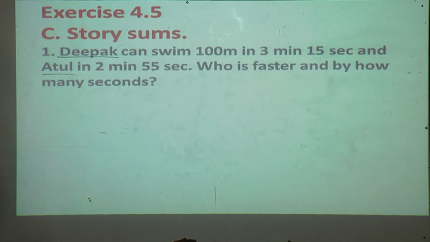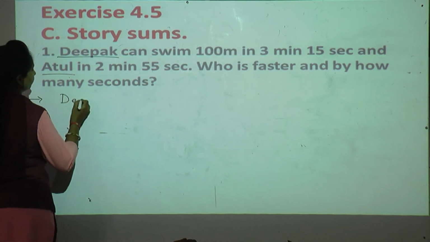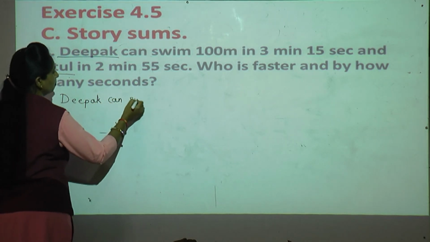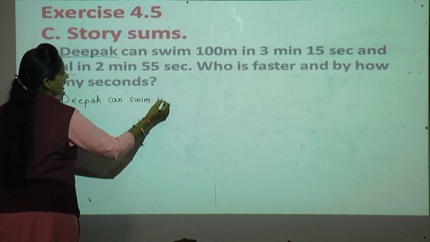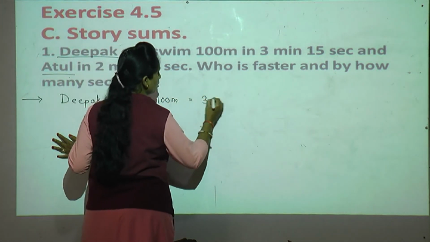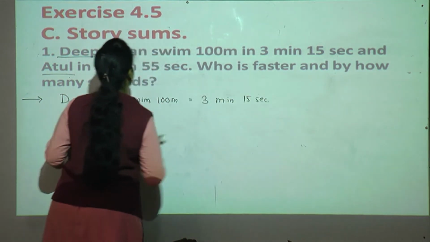By how many seconds? See, we have to find out that by how many seconds. So for that, what we have to do? Yes, you are correct. We have to subtract. First, we will write the given information. Deepak can swim 100 meter in 3 minutes 15 seconds.